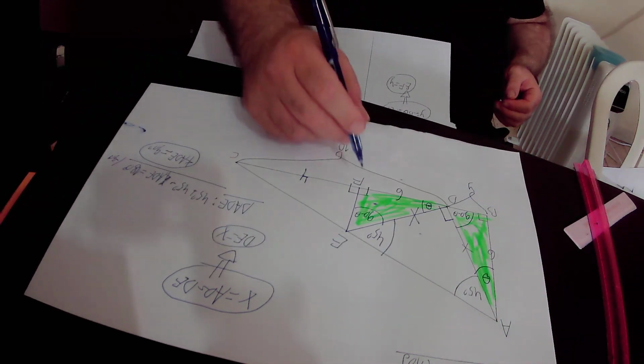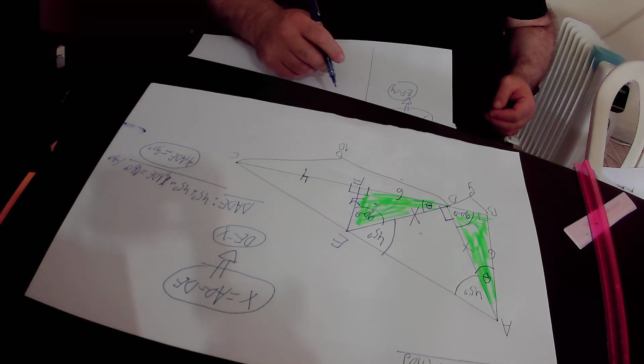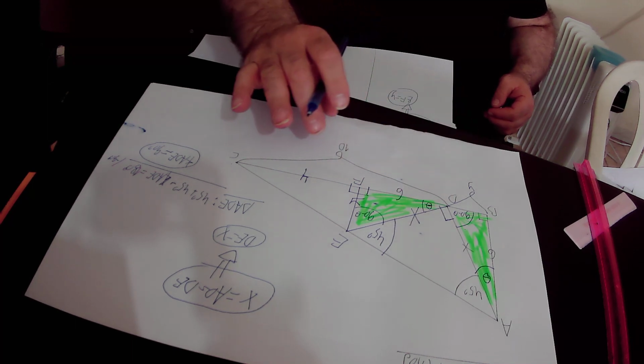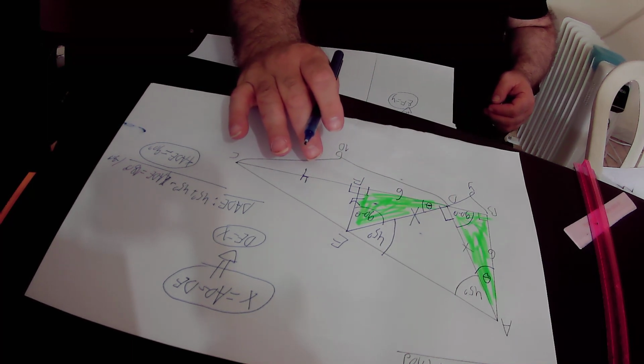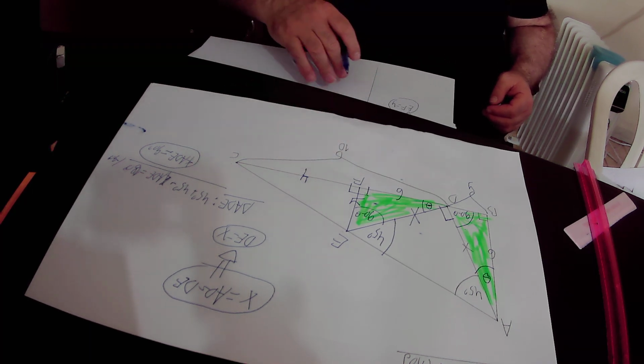So we can write here that EF equals Y. In the next step, we prove that the right triangle ABC is similar to the small right triangle EFC.